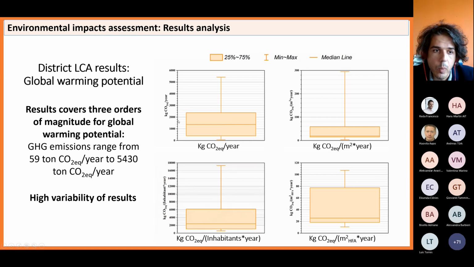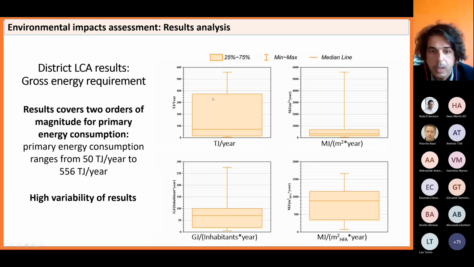There's a very wide range of potential results, which narrows down, of course, if we go onto specific indications, but there's still very wide variability among the quantitative results, which is due to a high variability in assumptions, in metrics, in frameworks. So there's a need for homogeneous assumptions when performing these kinds of studies. The same thing can be traced for primary energy; that was CO2 equivalent, but the trend is exactly the same.